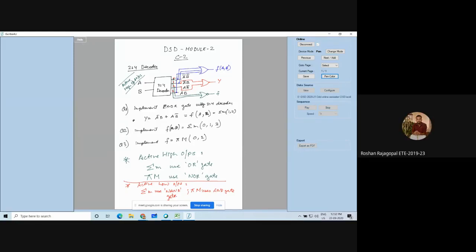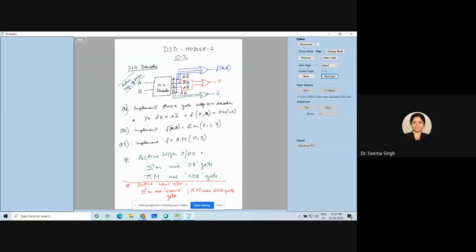So what will happen? When you get a high here, and you know that a NOR gate is the opposite of an OR gate, no? So if it is a high, your OR will give me a high and this NOR will give me a 0. So this F will become 0. That is what I wanted. When a 0 happens, it should become a 0.